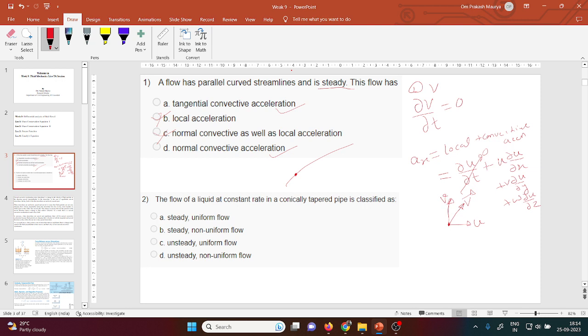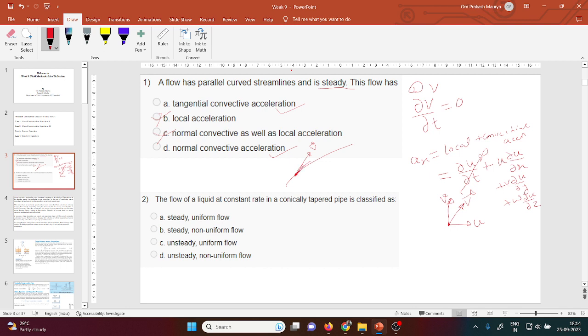If you draw the tangent on a streamline, it gives the velocity vector. That means the components of both.